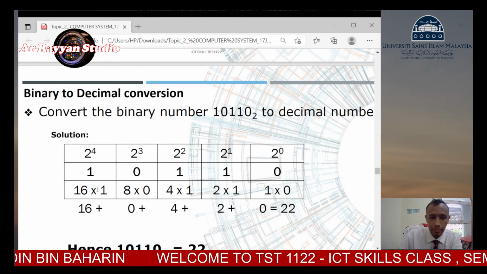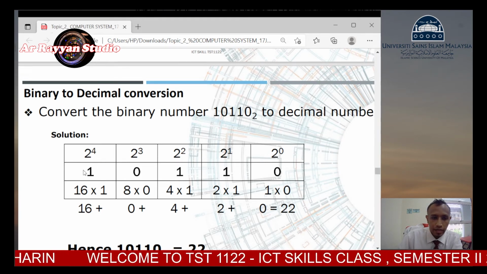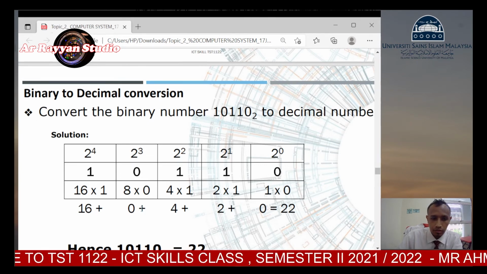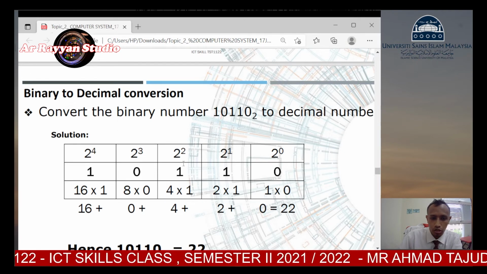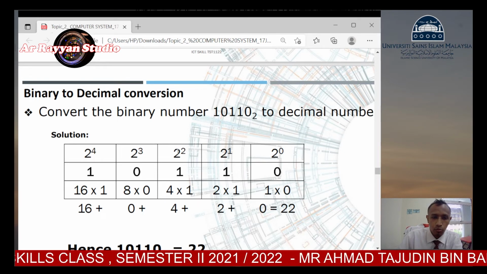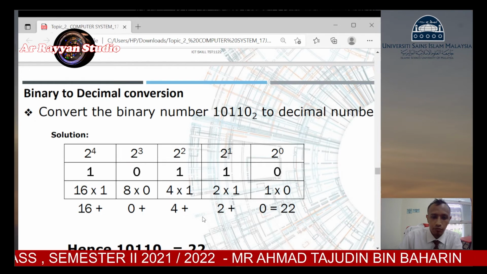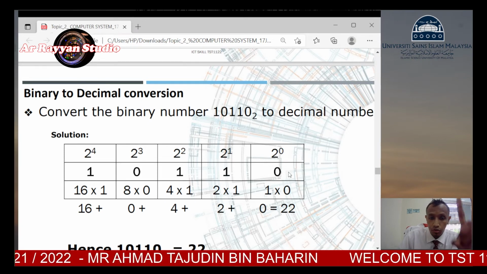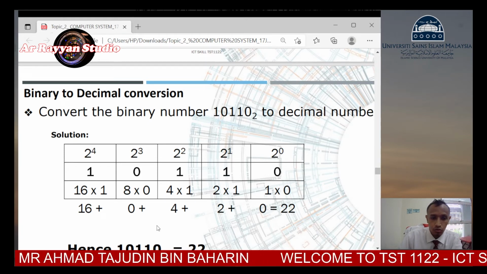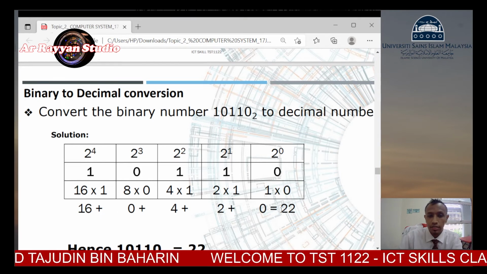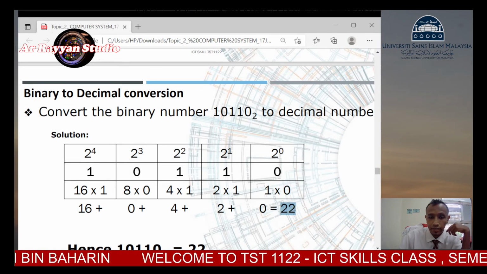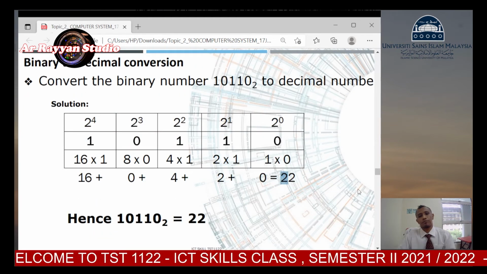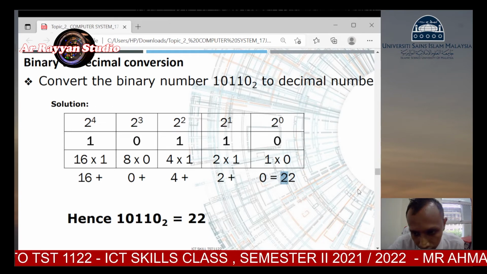So at the end ni kita akan dapat 2 power of 4 times 1 sama dengan 16. 2 power of 3 times 0 sama dengan apa? 0. 2 power of 2 times 1 it become 4. 2 power of 1 times 1 become 2. 2 power of 0 times 0 become 0. So selepas itu kita campurkan semuanya. So kita akan dapat dia punya binary, dia punya decimal number. Okay tak? Boleh faham tak? Boleh sir.